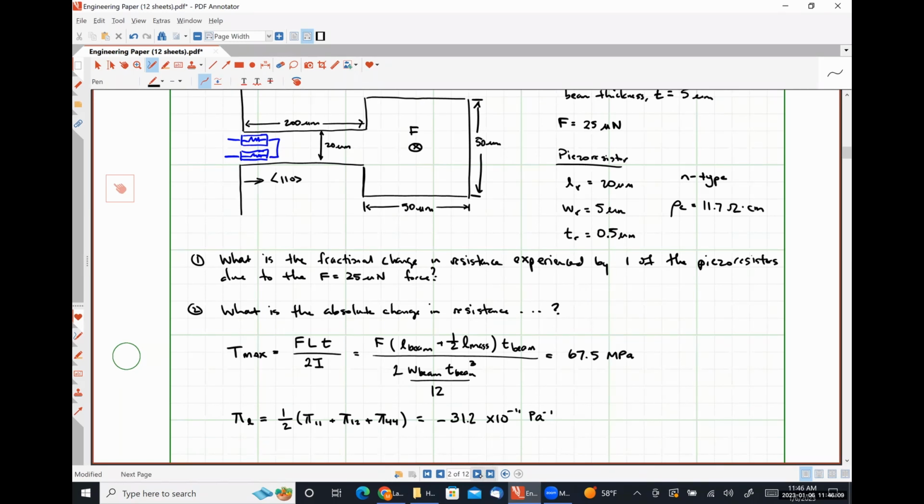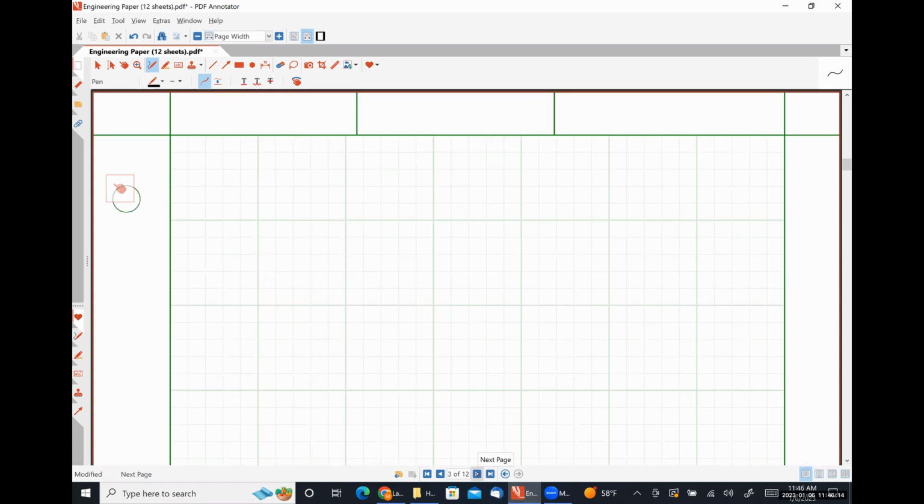Putting these two pieces of information together, our fractional change in resistance, delta R over R, is going to be pi L times sigma max, which is negative 2.106%.